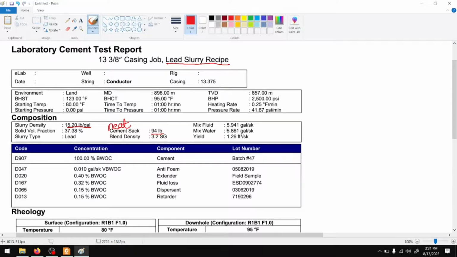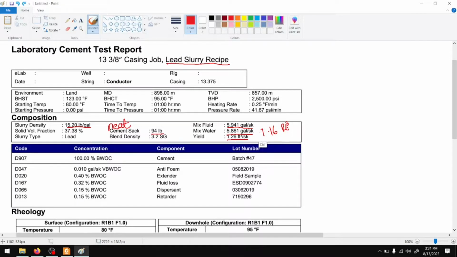The other important data is your mixed fluid and your mixed water ratios, and most importantly, you have your yield. For this slurry, we have 1.26 cubic feet per sack, which is not the standard. The standard for 15.2 ppg slurries is 1.16 cubic feet per sack, but we do not have that here.